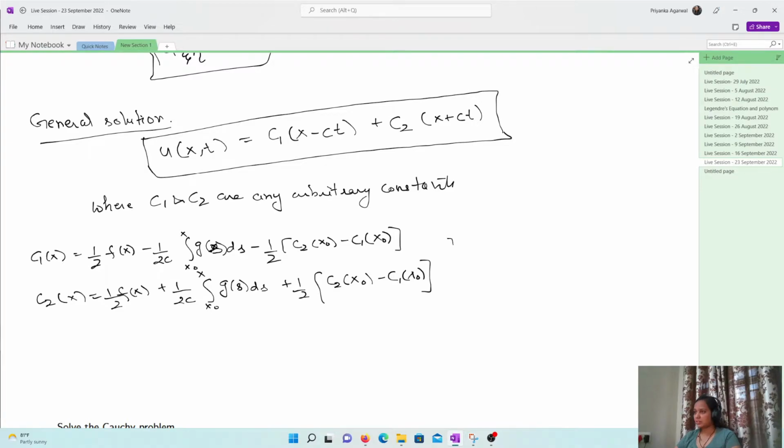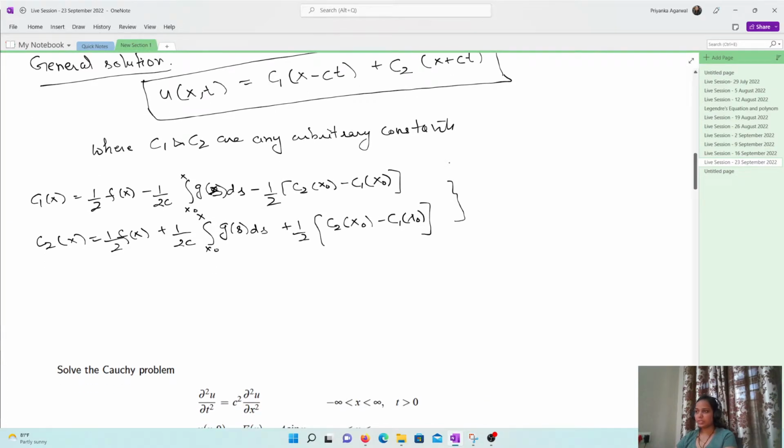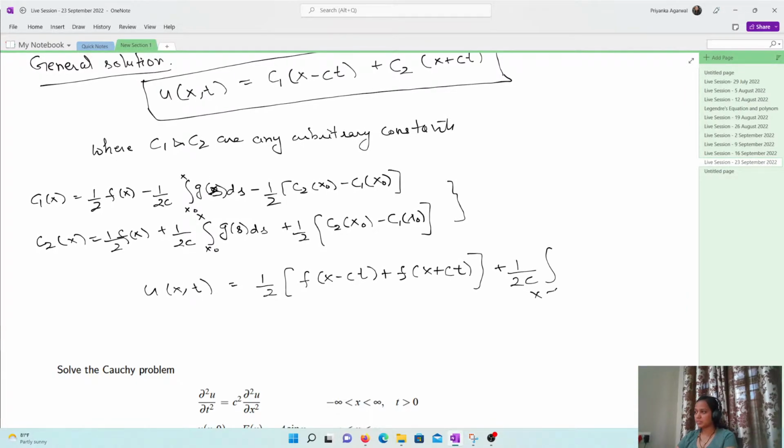And if we substitute these two over here, we can get the value of u, and therefore u comes out to be 1 by 2 [f(x minus ct) plus f(x plus ct)] plus 1 by 2c integral from x minus ct to x plus ct of g(s) ds.